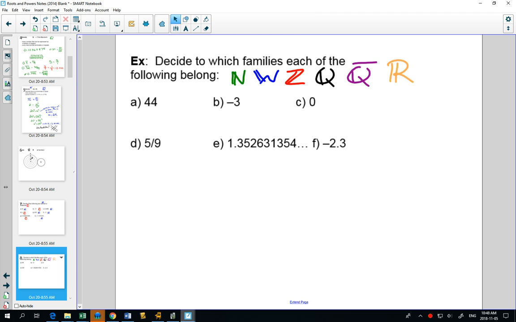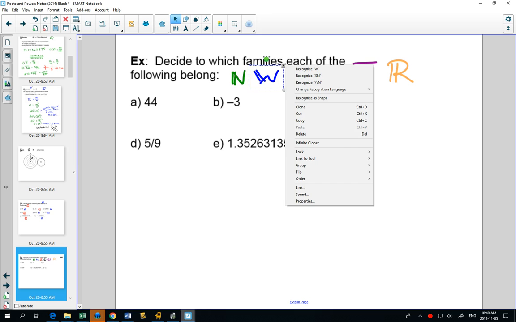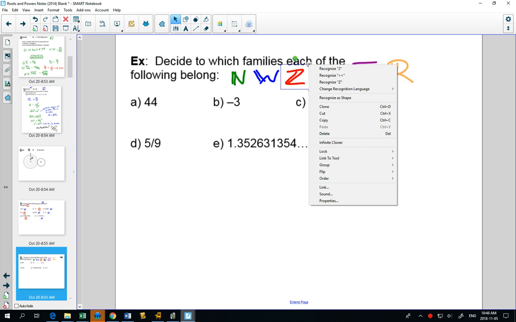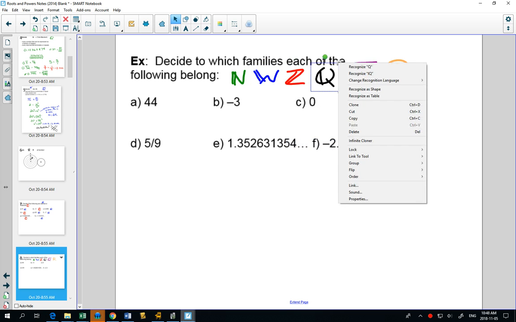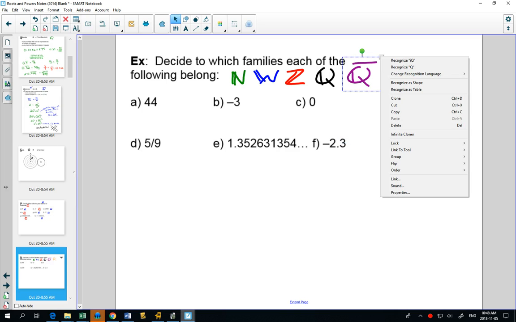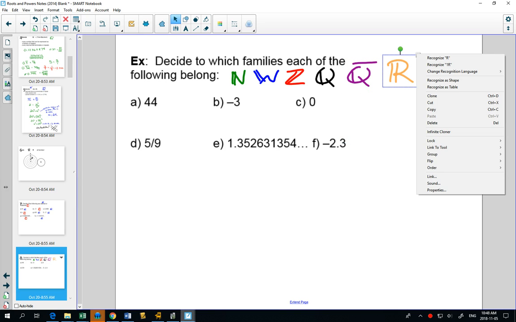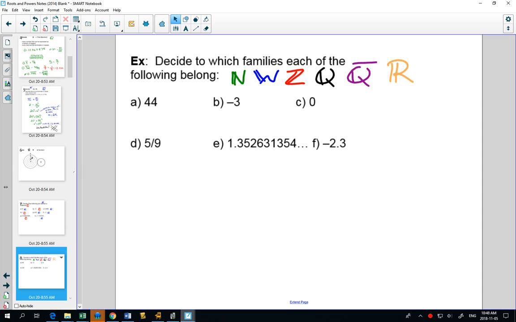So some of them will have lots, some of them will have few. And again, I'll give you a quick head start.